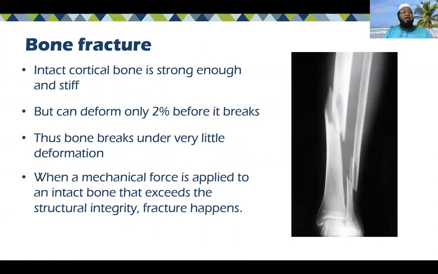In a bone fracture, intact cortical bone is very strong and stiff, but it can deform only 2% before it breaks. Thus, bone breaks under very little deformation. When a mechanical force that exceeds the structural integrity is applied to intact bone, fracture usually happens.